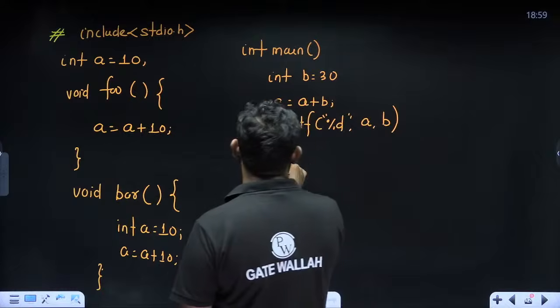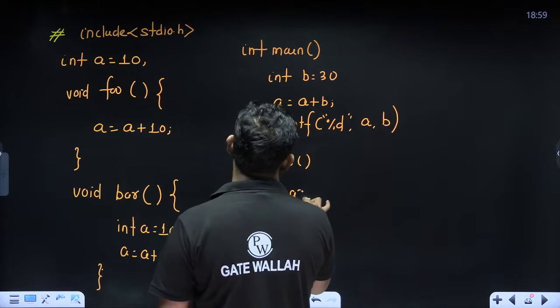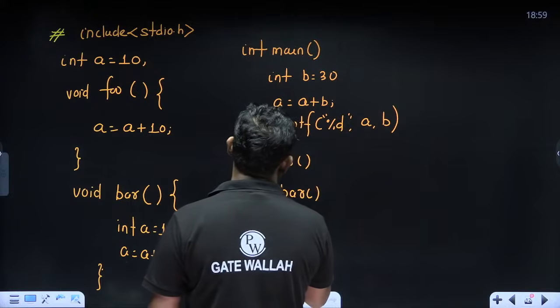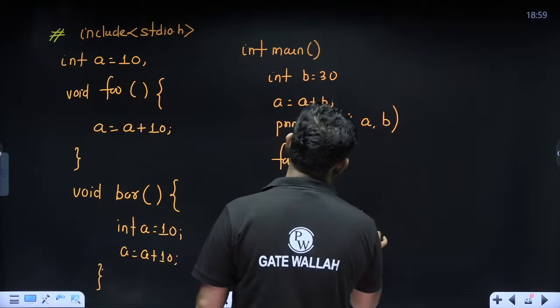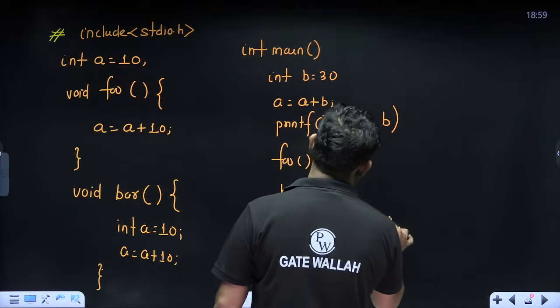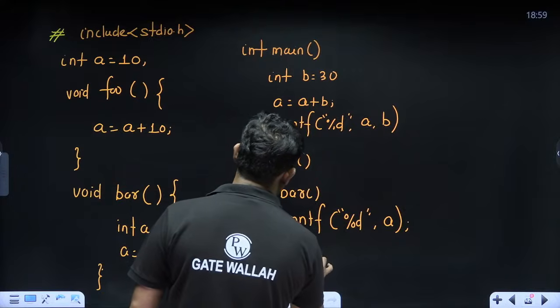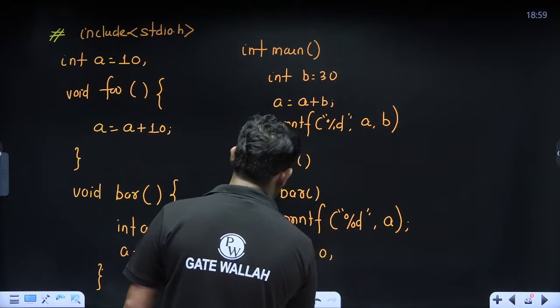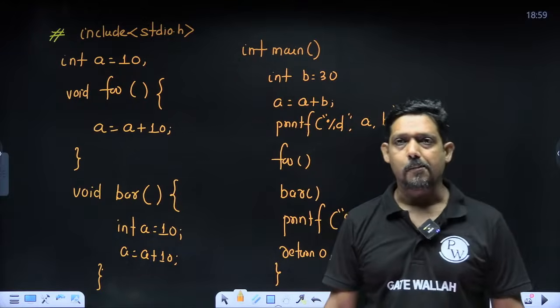Then I say foo, then I say bar, and then I say printf one more time. So two printfs are there, %d and only a. Last but not least, return the value 0. Tell me what will be the answer for this question.